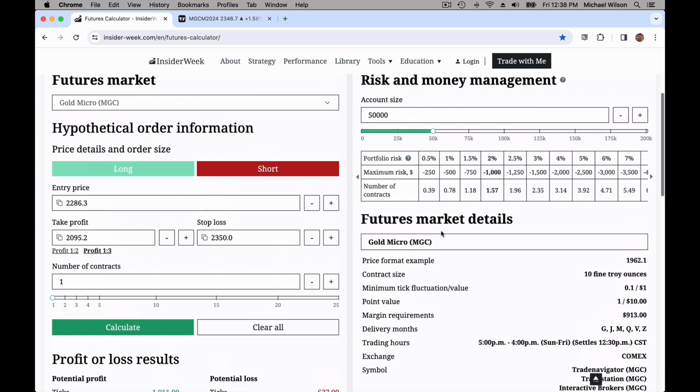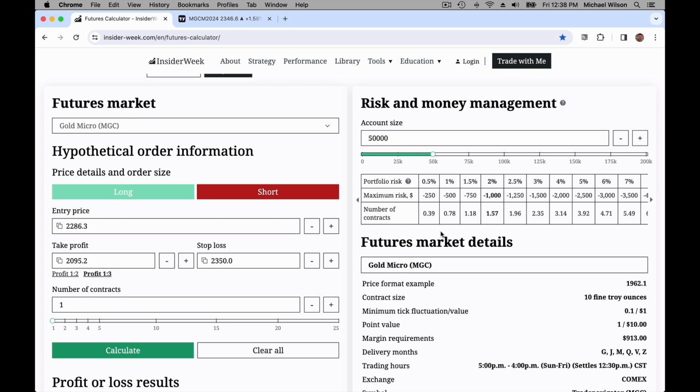All right, so let's take a look at how my risk stacks up. You can see here that here is the percentage of my portfolio, which is my $50,000 account, that I would be risking on this trade. If I took one contract, I would be risking 2%. You can see here that I can't really put 2 contracts on because that would be a 3% risk.